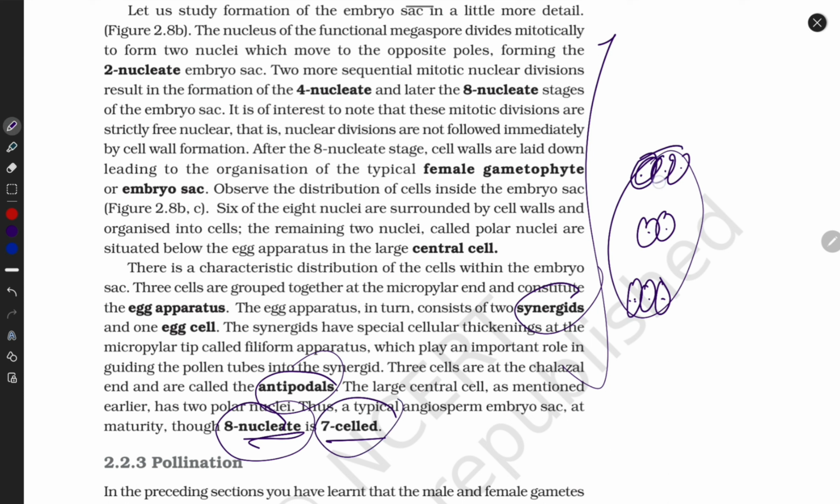This 1 cell, 2 cell, 3 cell, 1 cell, 2 cell, 3 cell, but this is solely 1 cell, but it contains 2 nuclei. This one contains 1 nucleus, this one contains 1, this one contains 1, but this complete cell contains 2 nuclei. So that's why we call it an 8 nuclei and 7 cell structure.